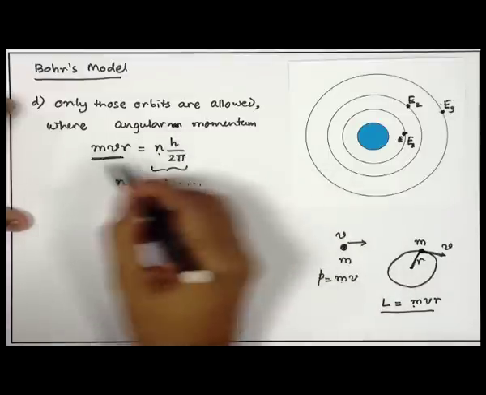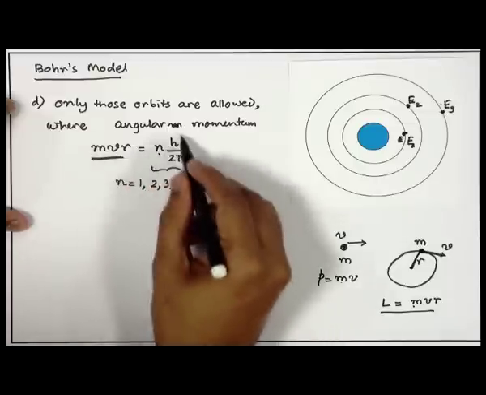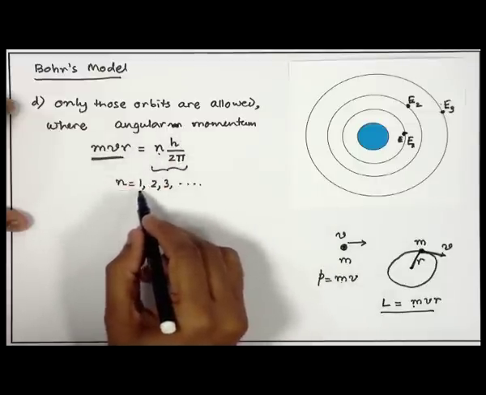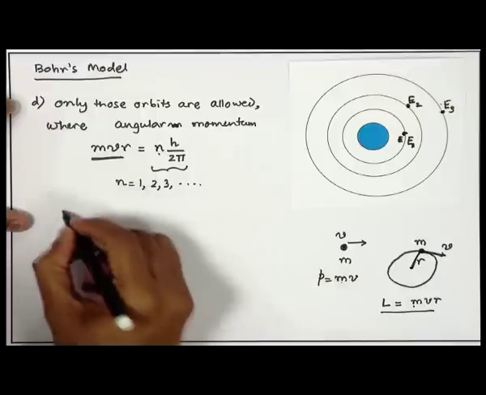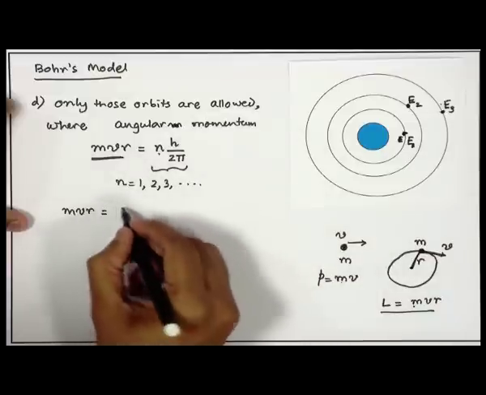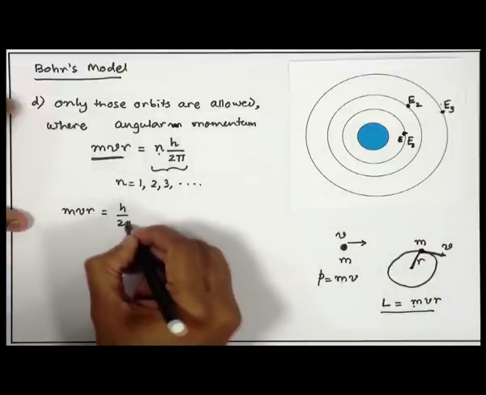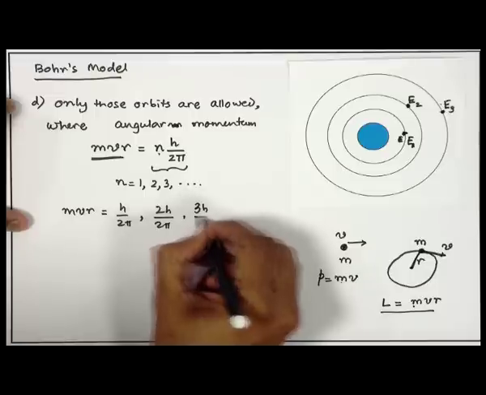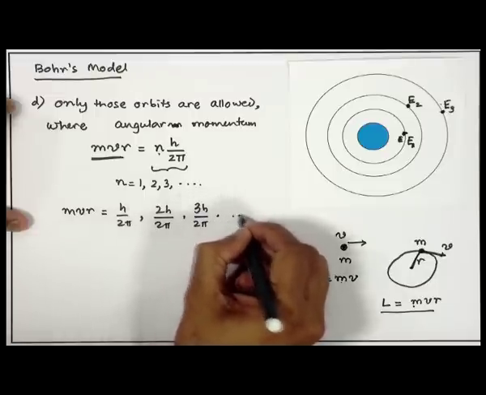So, we see that the angular momentum is essentially a constant, but the value of this constant depends on the value of n. So, mvr, the angular momentum of the orbiting electron, can be either h by 2 pi, or 2h by 2 pi, or 3h by 2 pi, and so on and so forth.